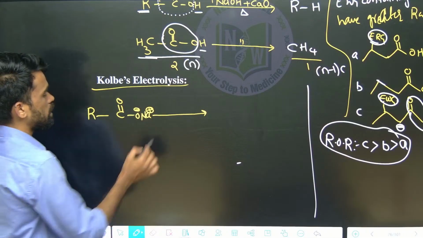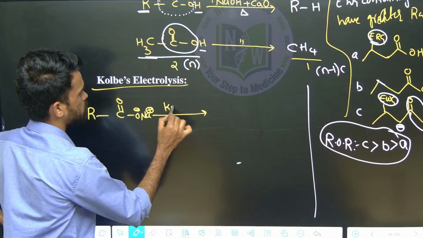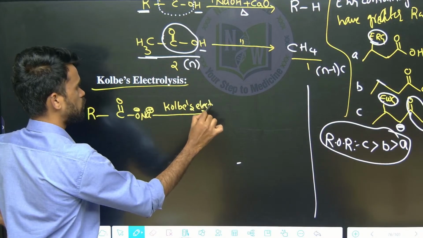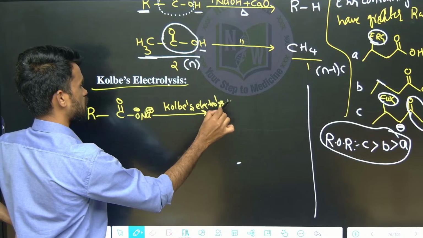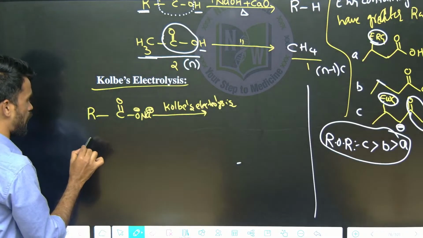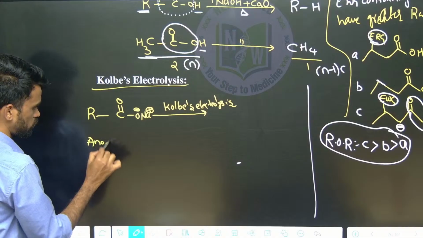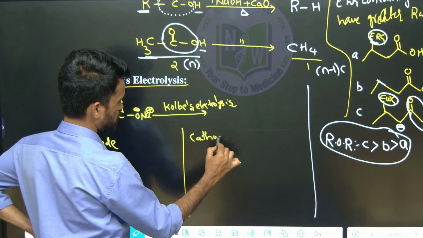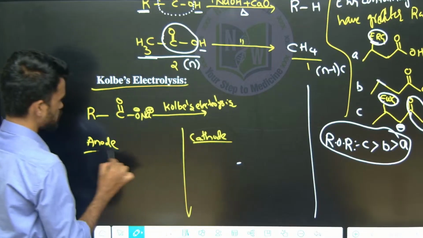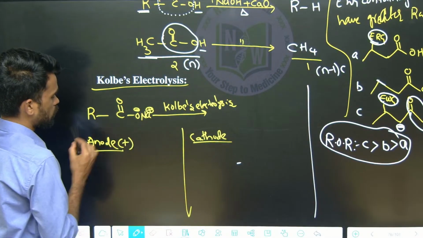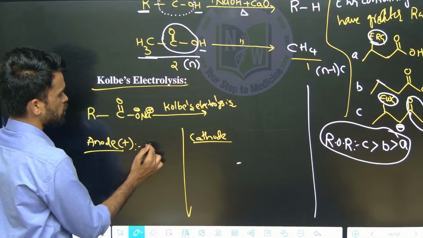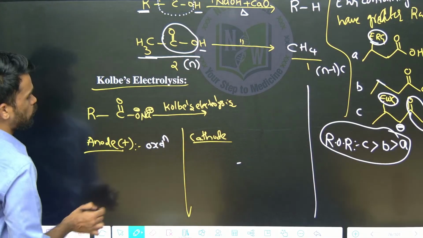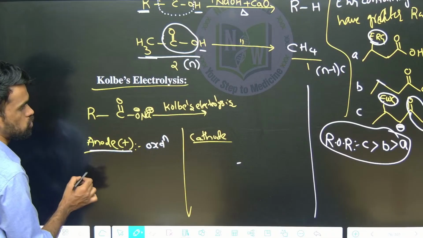This is subjected to Kolbe's electrolysis. During electrolysis we have an anode and a cathode. The anode is a positive terminal, so oxidation takes place here.